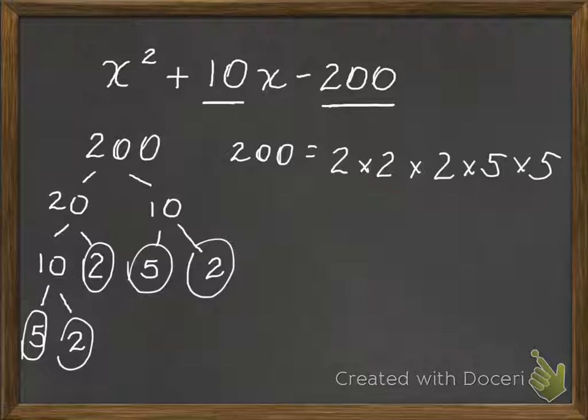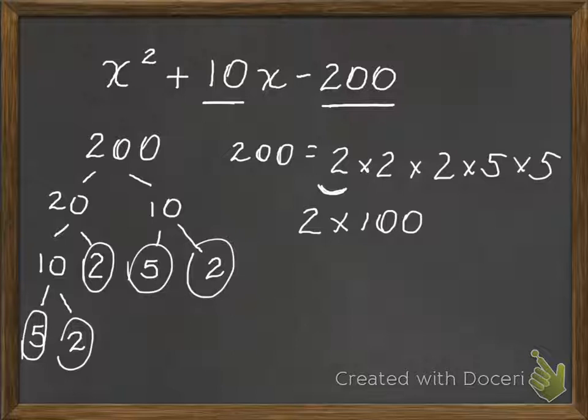And now I'm going to use this prime factorization to come up with all of the possible factors of 200. And I try to use a systematic method. I'll start with 2 times all of the rest of them. 2 times 25 times 4 is 2 times 100. So here's one pair of factors.